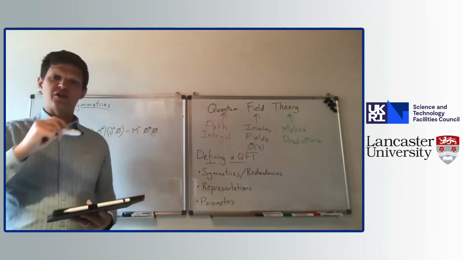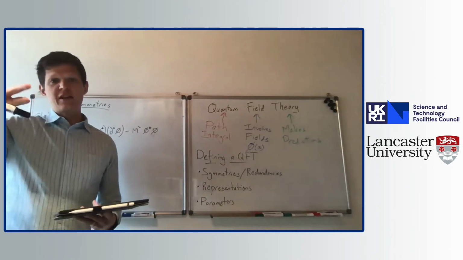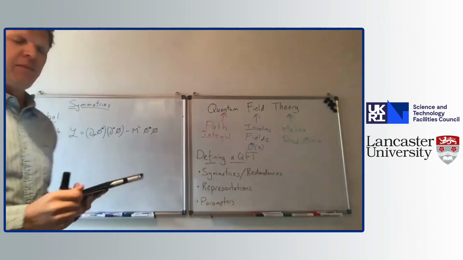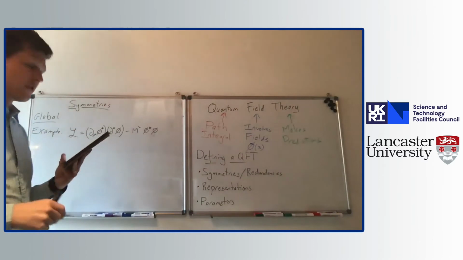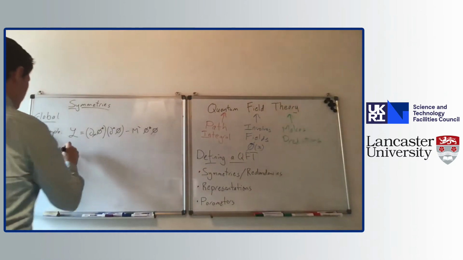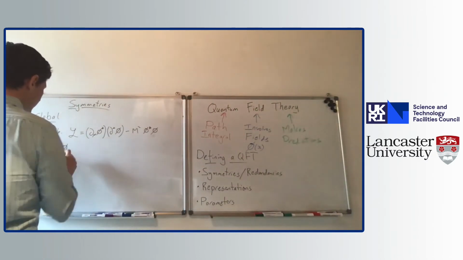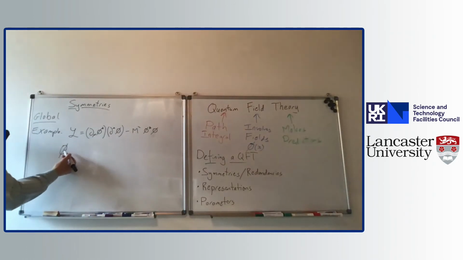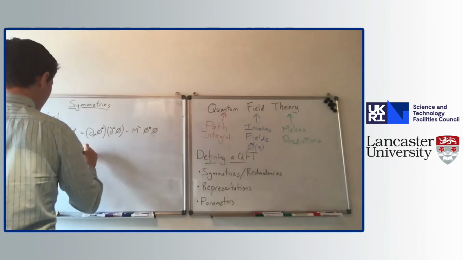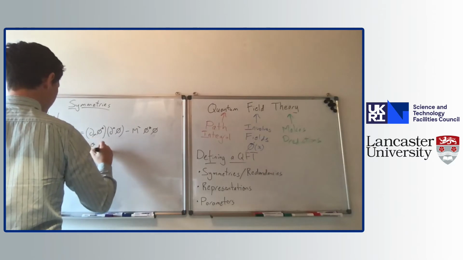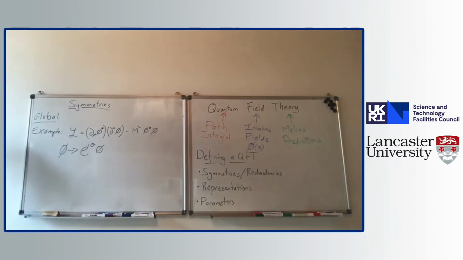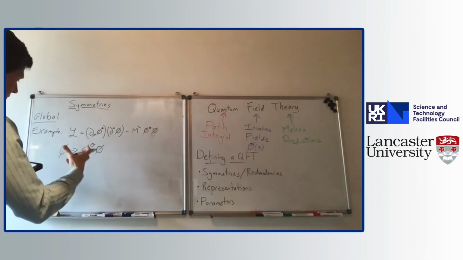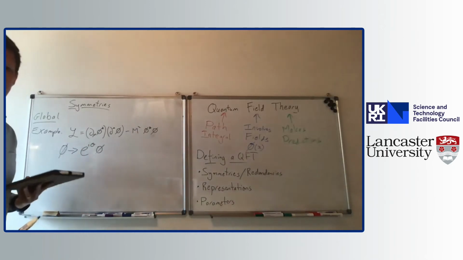If you were to draw a circle on a sheet of paper and then rotate it, it looks the same no matter what angle you rotate it through, and that's a symmetry. Here that corresponds to transforming the field by a phase shift. So φ would go to e to the i theta φ.